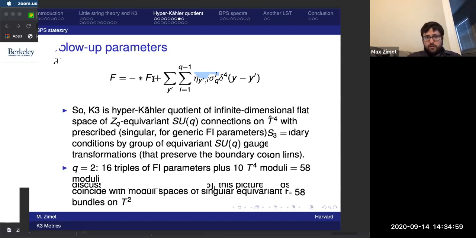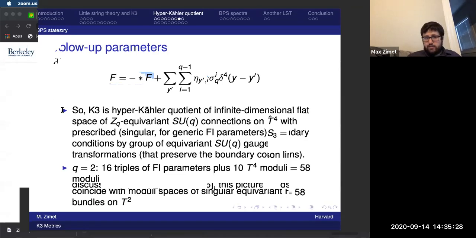So instead of telling you the self-dual part of F is 0, it's just that the self-dual part is 0 everywhere except at the fixed points where it's singular. So we're just looking at the moduli space of these singular ZQ equivariant anti-self-dual connections.